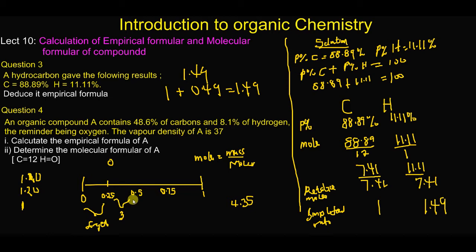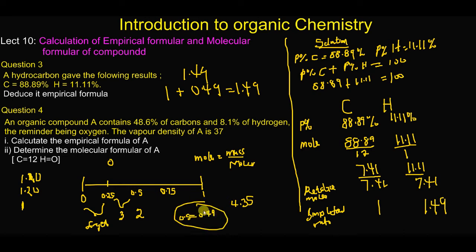Now if it is very close to 0.5, multiply times 2. If it is exactly 0.5 or very very close, say 0.49, these ones are almost the same.